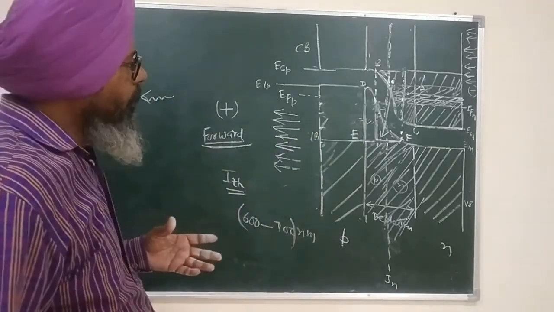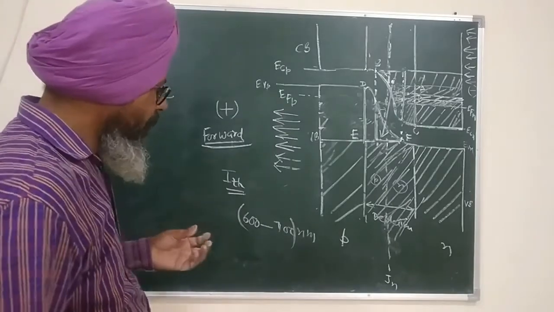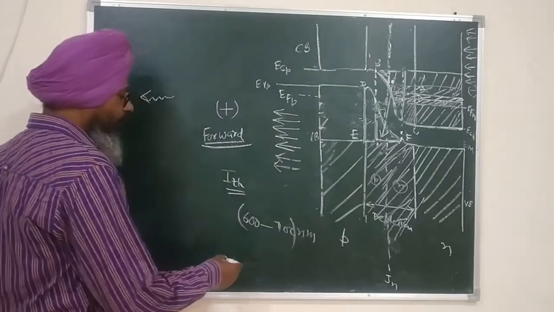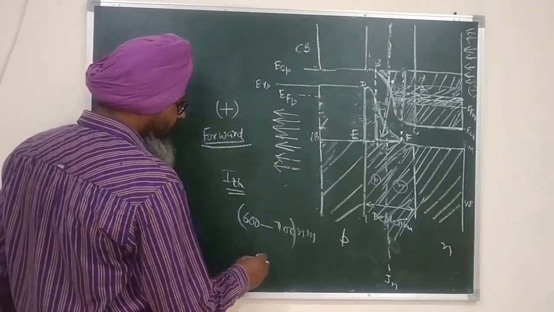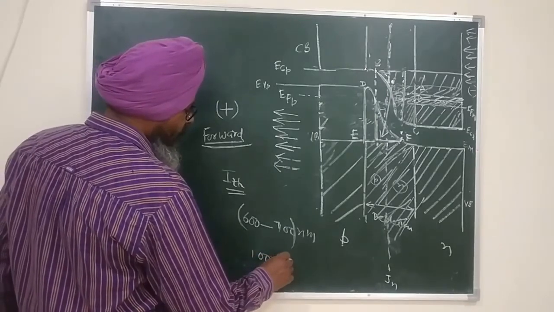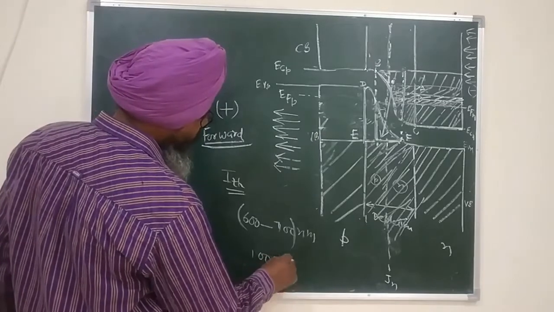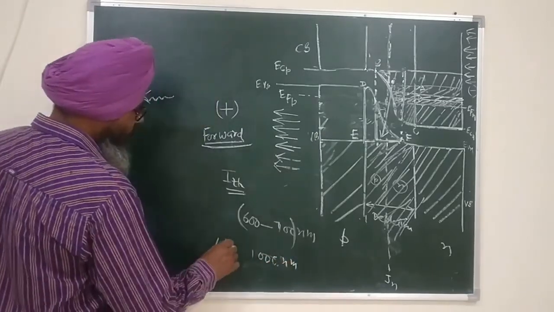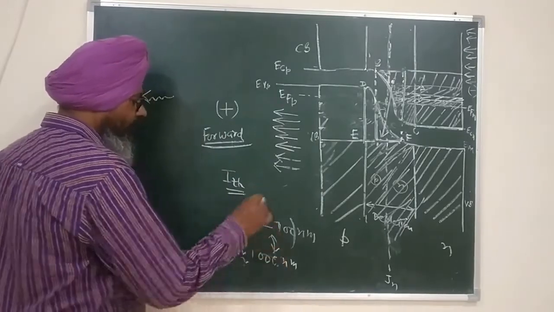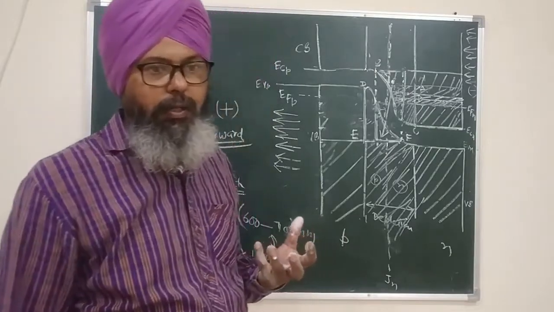The light will not be perfectly directional also. Why can it not be perfectly directional? Because the width of the depletion region is 1 micrometer, and if I convert micrometer into nanometer, it will be of the order of 1000 nanometer. And both of these wavelengths are comparable. So therefore this depletion region is going to act as a small slit.